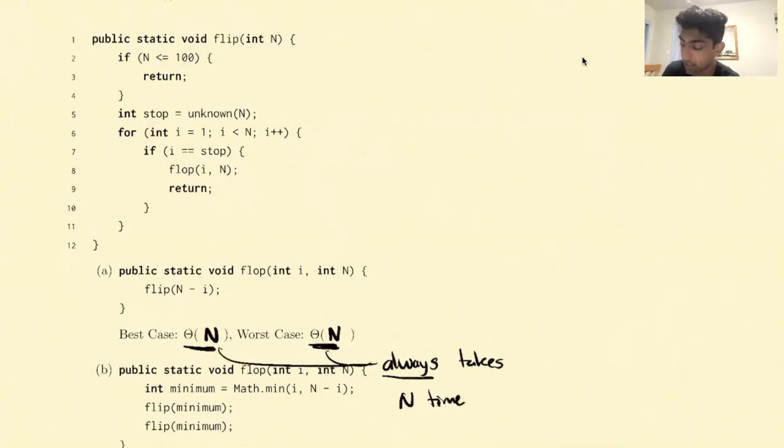Looking at the first call to flip, it'll be of input size n. Now there are many possible recursive calls we can make, because i could equal stop from any value from 1 to n minus 1.